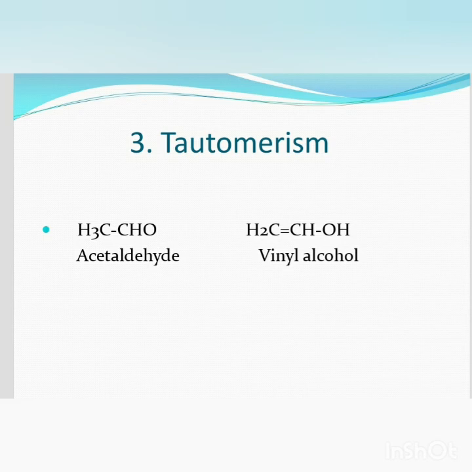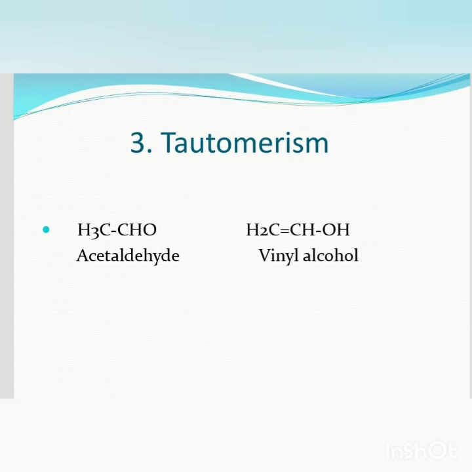Next one is tautomerism. Aldehydes exhibit a third type of isomerism, tautomerism. So here we have examples, that is acetaldehyde and vinyl alcohol. In tautomerism we have two forms, that is the keto form and the enol form.